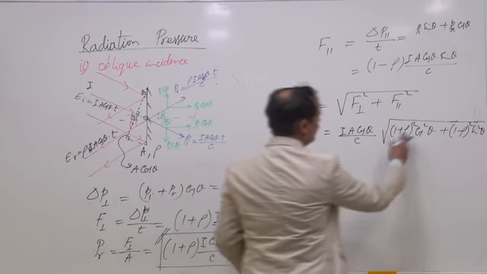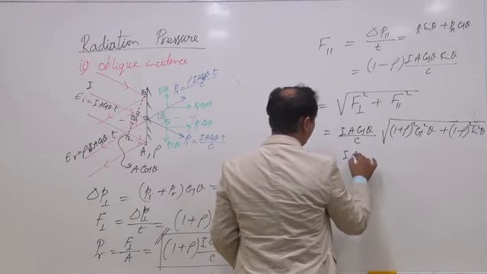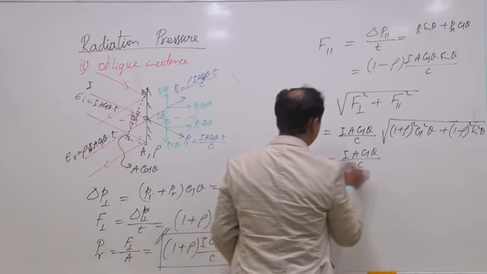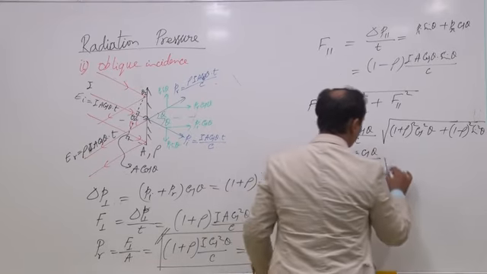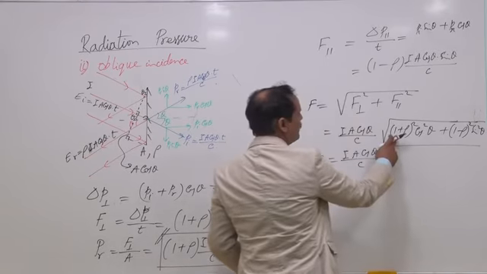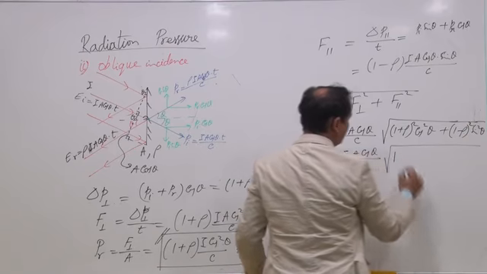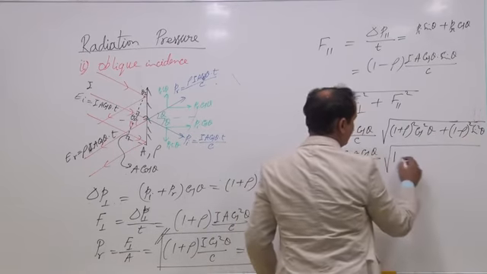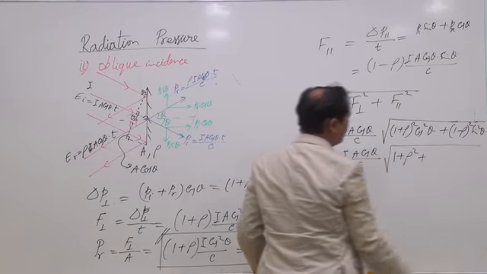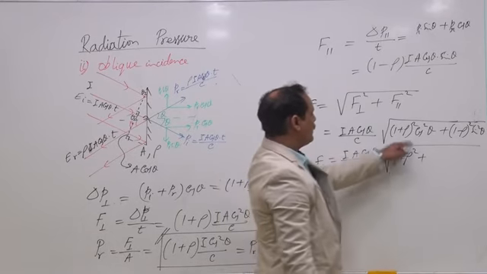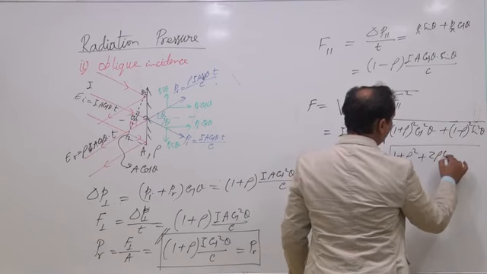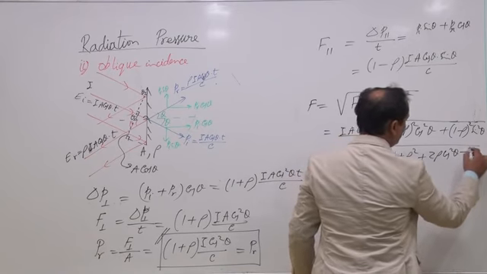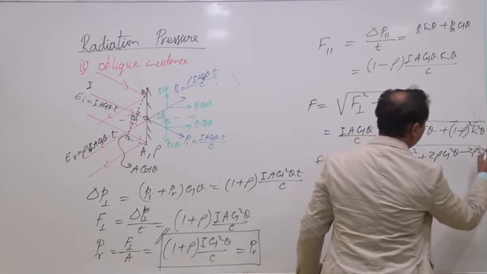If I break open the term, Ia cos theta upon C under root, here from cos square theta plus sin square theta it is 1, here from rho square cos square theta plus rho square sin square theta it is rho square, plus here we have 2 rho cos square theta minus 2 rho sin square theta.